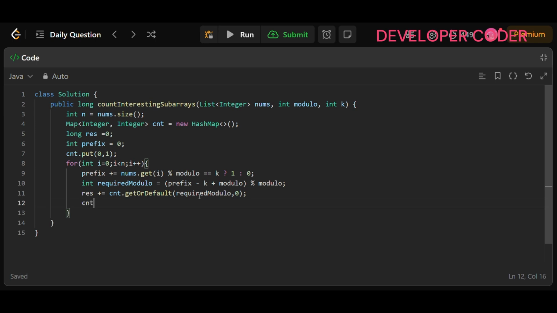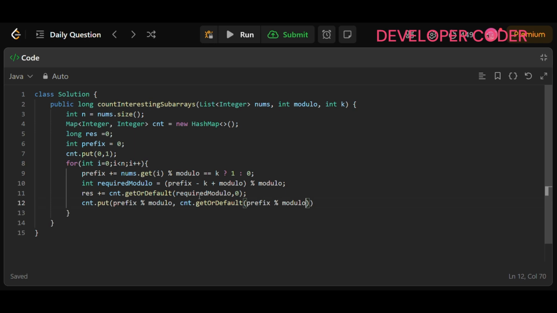So here I just update count.put. And what is the current prefix? Take the modulo as well, prefix mod modulo. And inside this count.getOrDefault, with prefix mod modulo.